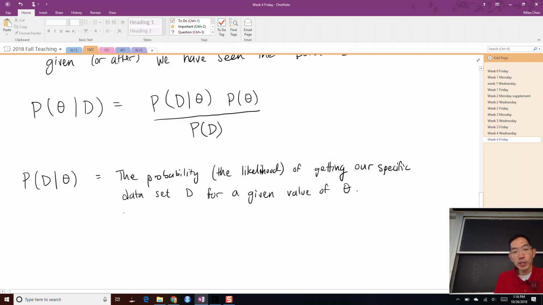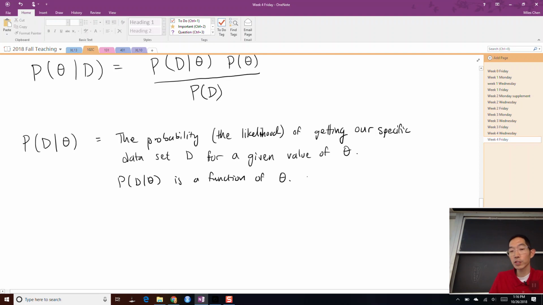And so probability of D given theta is a function of theta. Okay, you plug in a different value of theta and you will get a different value of this probability.